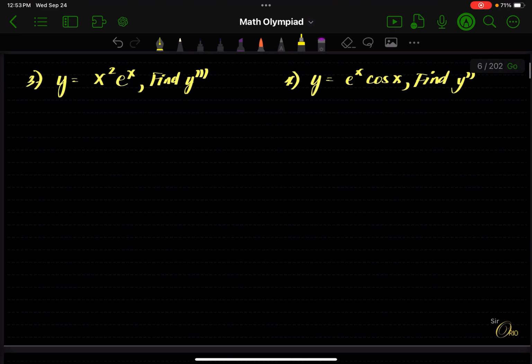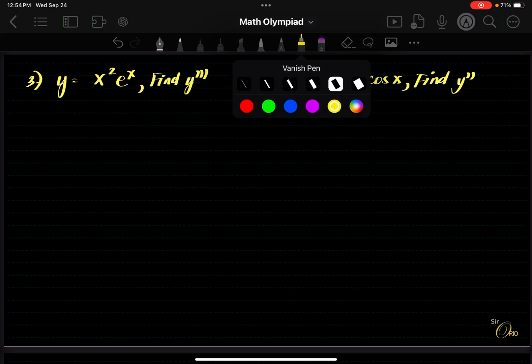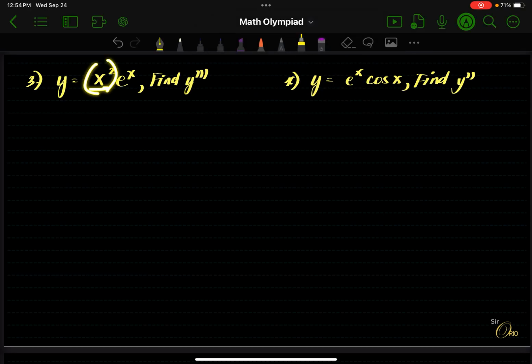More example, number 3. Y is equal to x squared times e raised to x. Find y triple prime or the third derivative. This is a product of two functions, x squared times e raised to x.